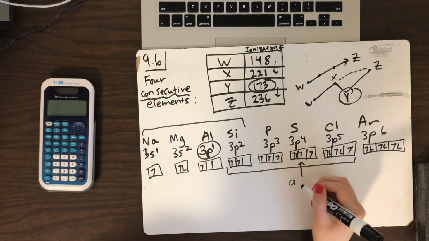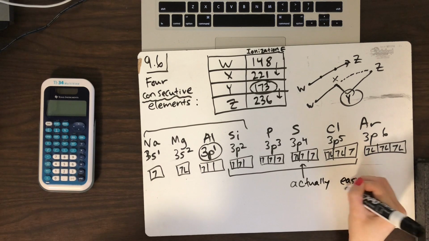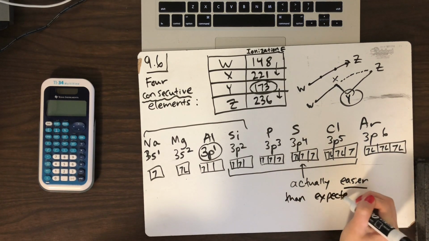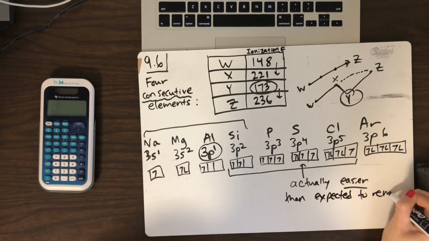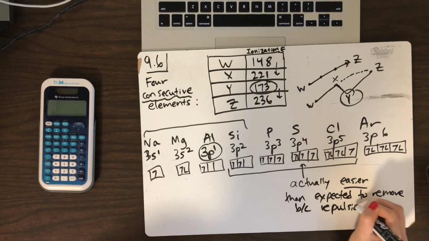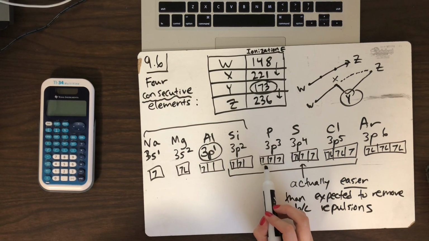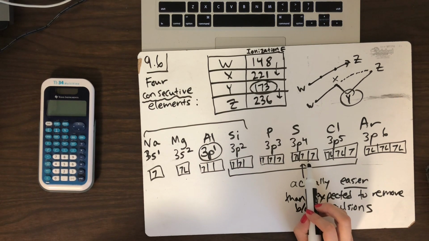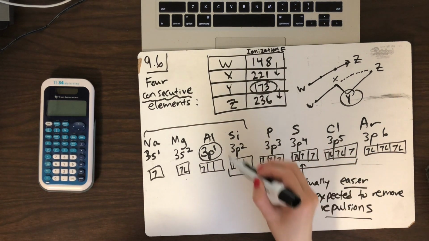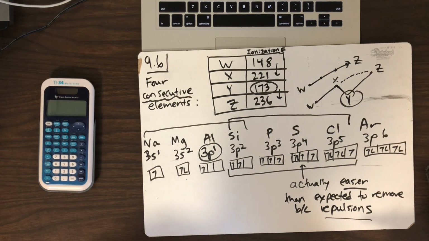So it actually is easier than expected to remove that electron because of the repulsions. So here there was no repulsions of things being squished in the same box, and then all of a sudden in this third one, now we're introducing some repulsions. So it looks like Si to Cl is another combination we can use.